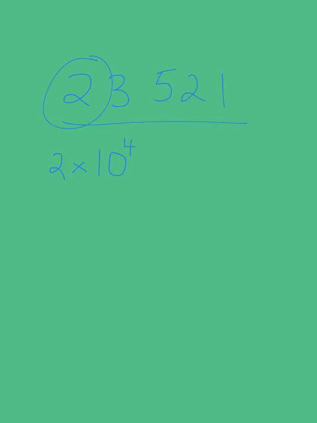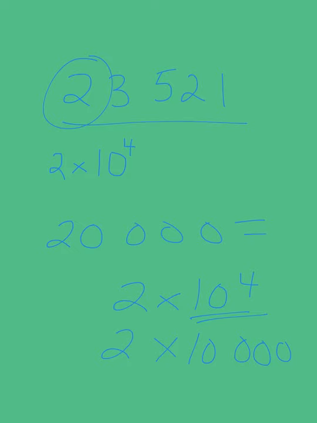So literally another way to represent 20,000 is 2 times 10 to the power of 4. Right? Because if you actually worked out 10 to the power of 4, that would be 10,000. And then 2 times 10,000 is 20,000. And that's the value of this digit right there.